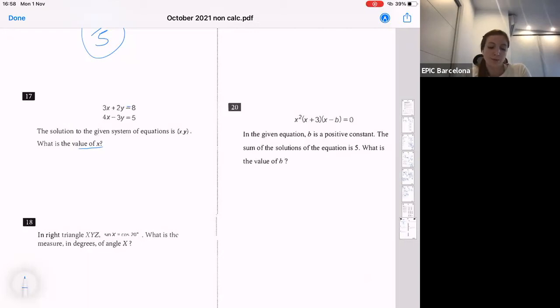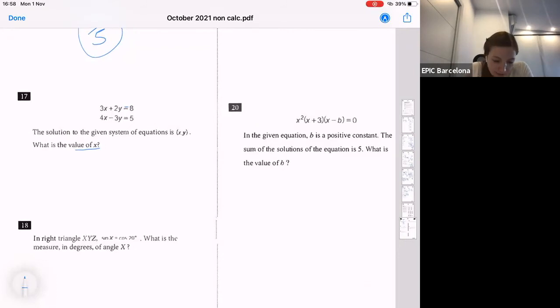I want to get rid of the y so that I have the x maintained. So I would multiply the top equation by 3. Remember, this gets distributed here, here, and here. And the bottom equation becomes multiplied by 2, because this will give me a positive 6y, and this will give me negative 6y. And they will nicely cancel out.